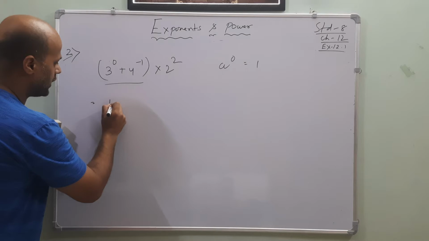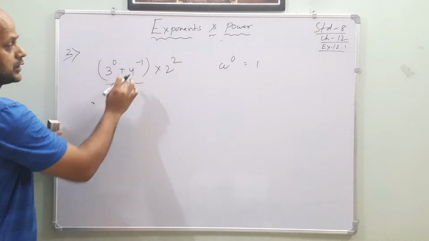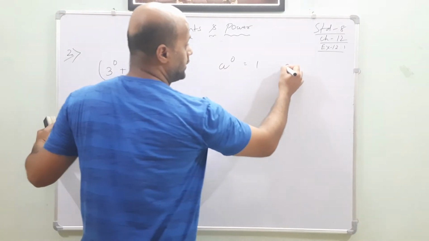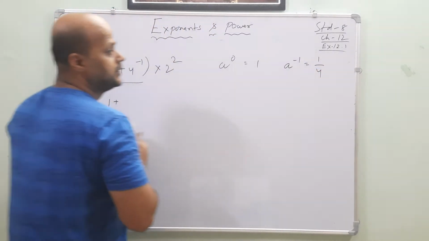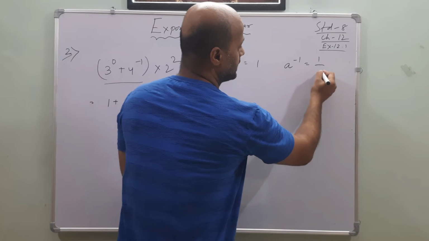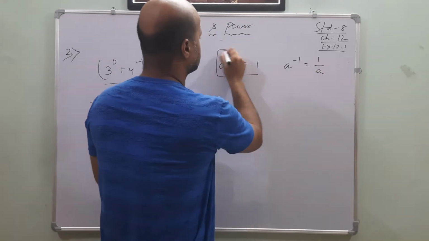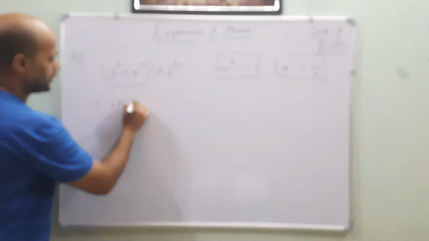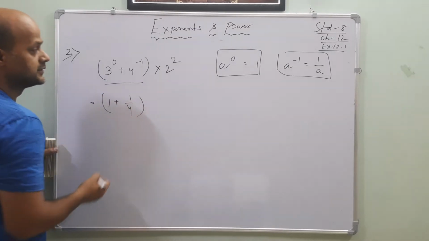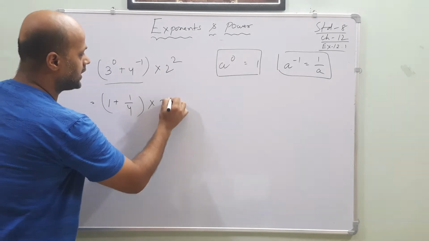So this one will be 1 plus, this one will be a power of minus 1 is equal to 1 by 4. 1 by a. See these two formulas, right now using here. So 1 by 4, bracket close, into 2 to the power of 2.